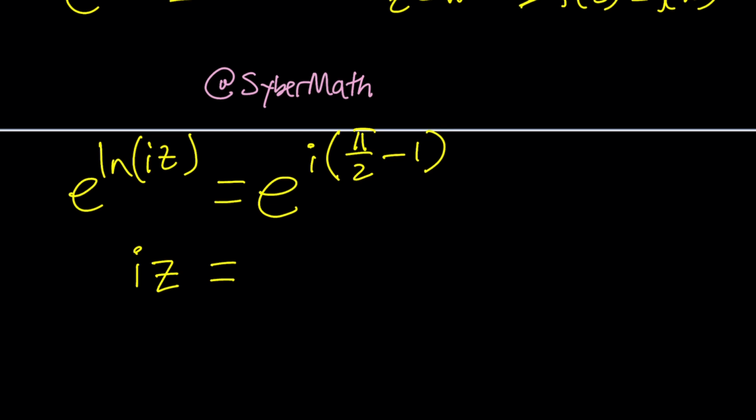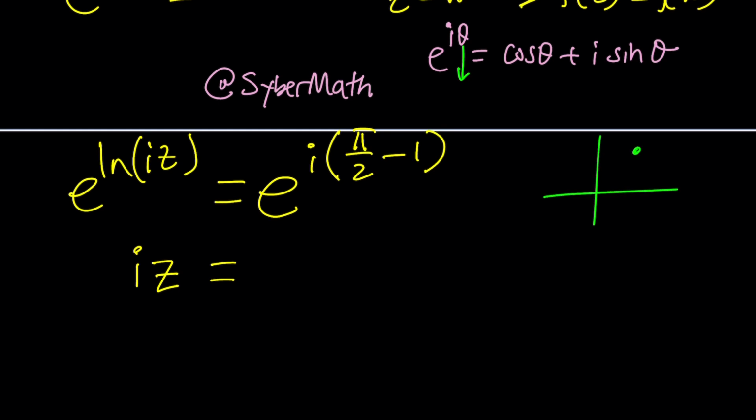All right, cool. Now, what is Euler's formula? It is e to the i theta equals cosine theta plus i sine theta. So whenever i is multiplied by something and it's in the exponent, that theta is basically the argument of the complex number, which you can plot in the Argand plane.